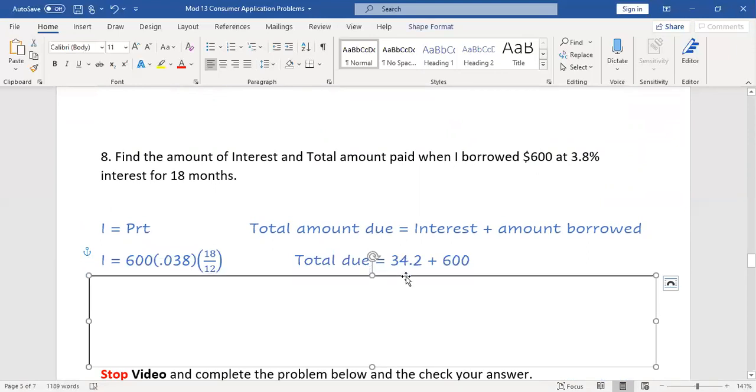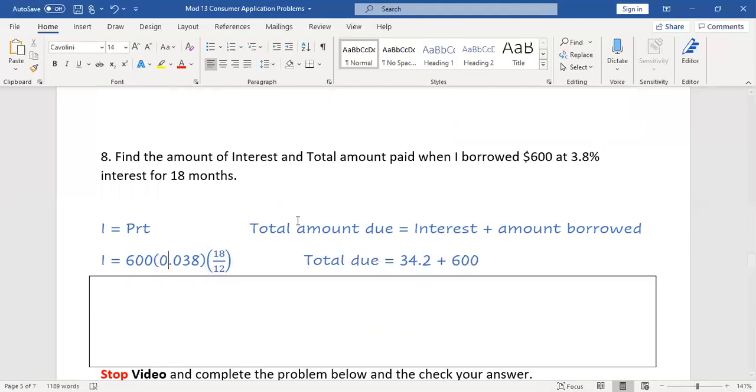So I take my amount, my principal, which is $600, and I take my 3.8% and I write that as a decimal. So I drop the percent sign and move that decimal 2 place values to the left, which gives me 0.038. If you want to put a 0 in front of the decimal, that's acceptable too. Not necessary, but it is a better form to have that there.